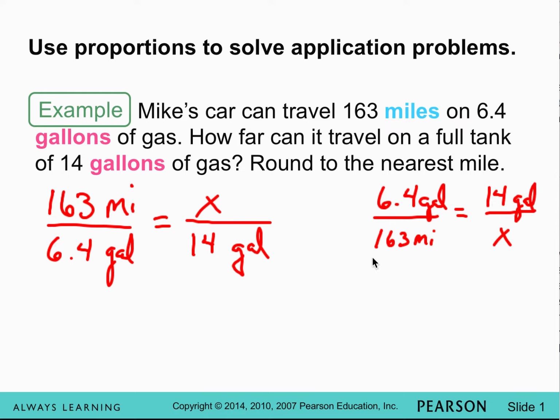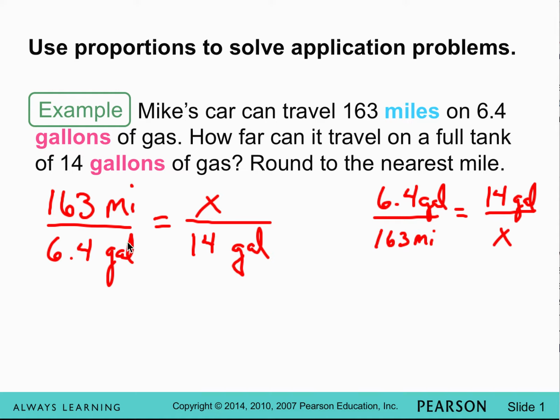Because notice I'm going to cross multiply here. I'm going to get 163 times 14, 6.4 times x. Here, 163, 14, 6.4x. So it doesn't matter. Once we set one of them up however we want, then the other, just make sure it corresponds.